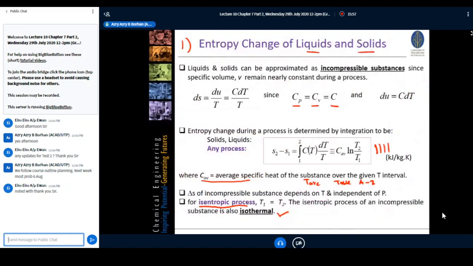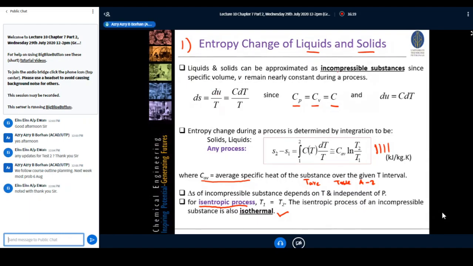Now, let's take the first case, the entropy change for incompressible substances, which applies to liquids and solids. So we know basically you have dS equals dU over T, right?